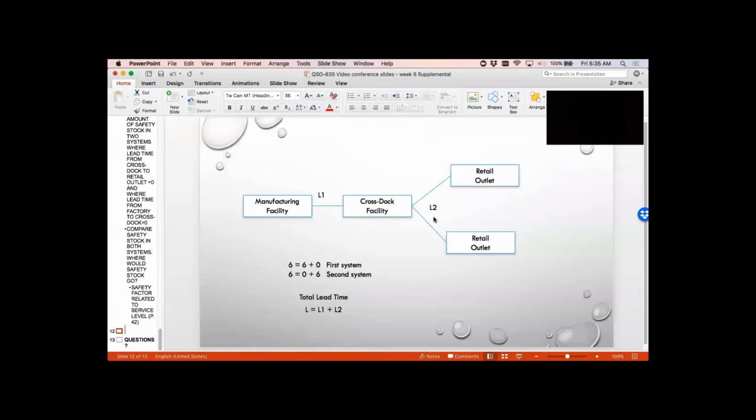So remember from when I was talking earlier, the safety stock is placed to absorb variation, which basically is to address our customer service level. So which of these locations, based upon the lead time location, would have the highest effect on the customer service level?